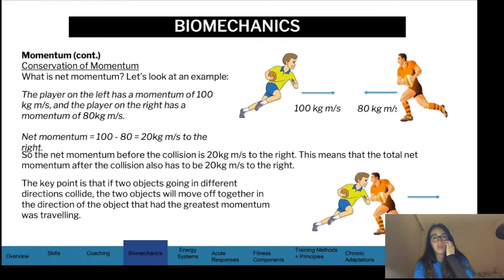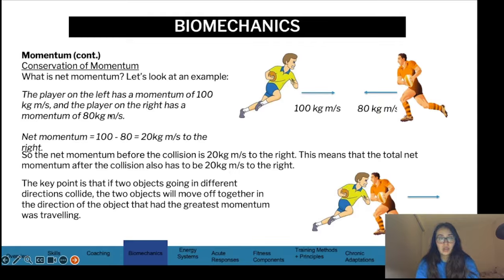Just explaining this a bit further, if we look at this example, we've got this one rugby player here whose momentum is 100 kilogram meters per second, and the player on the right has a momentum of 80 kilogram meters per second. This guy obviously has a greater momentum, so when they collide, they're going to keep traveling in this direction because he has the greater momentum.